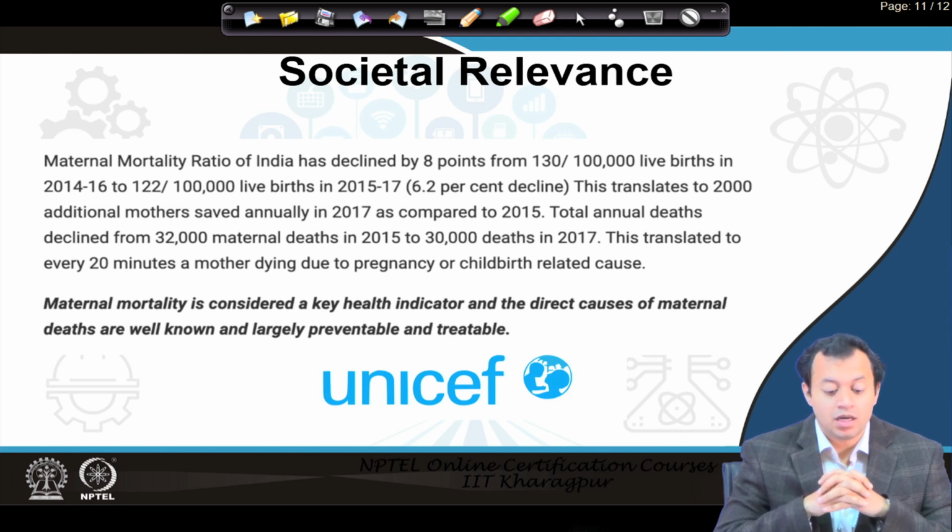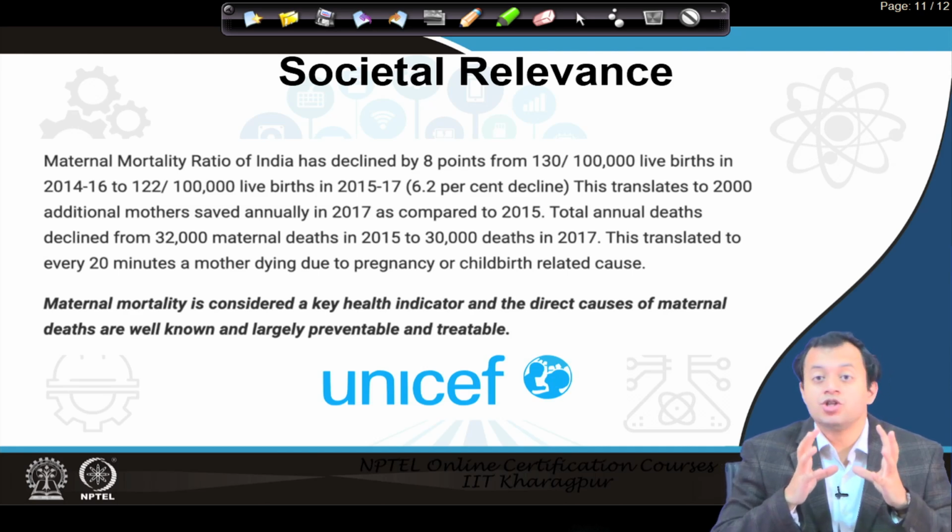Though our maternal mortality rate has declined, we are still behind some of our neighbors. Believe it or not, more women in India die during pregnancy or childbirth related causes than in Pakistan, than in Venezuela.